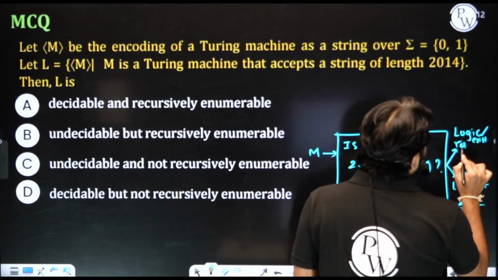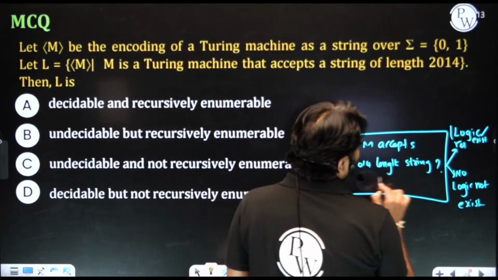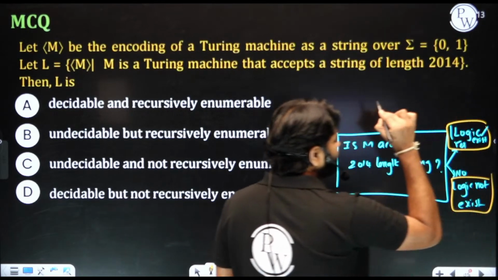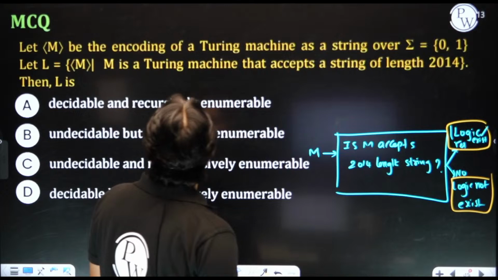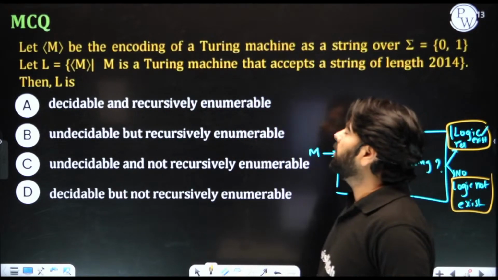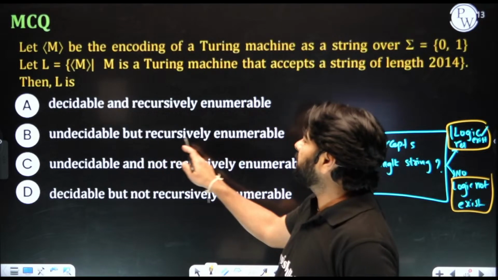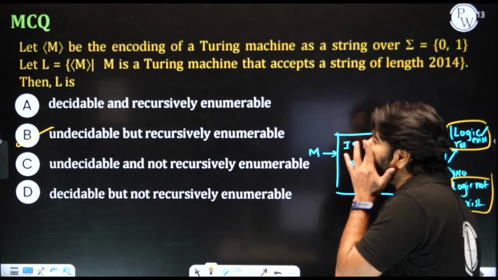That's why only yes has a logic here, and no is not having a logic. That makes the problem undecidable, but it is partially decidable. Which one makes it undecidable but recursively enumerable? This is called partially decidable, semi-decidable, undecidable but recursively enumerable.